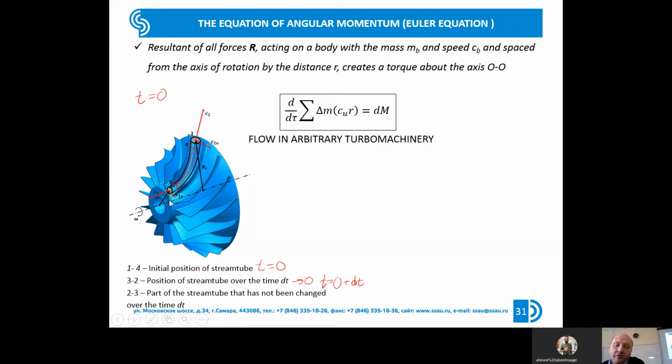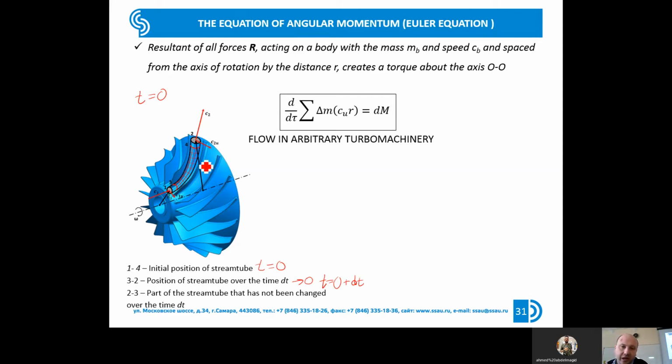The time period dt is so small that we can say the parameters between sections 1 and 3 and 4 and 2 are the same. By other words, the time is so small that when the flow comes from position 1 to position 2, the flow parameters don't change.